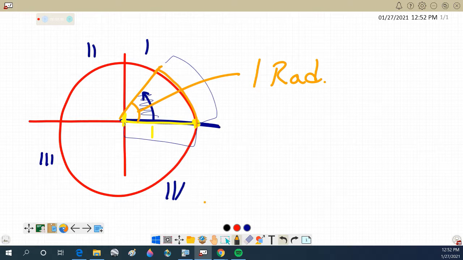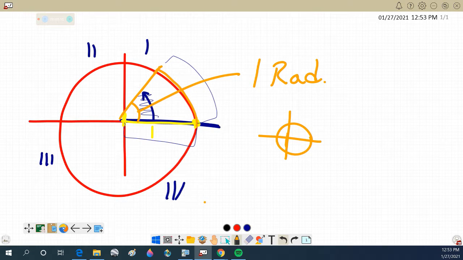So how far is a radian? A radian is the rotation needed so that the distance traveled around the circle is equal to the radius of the circle.